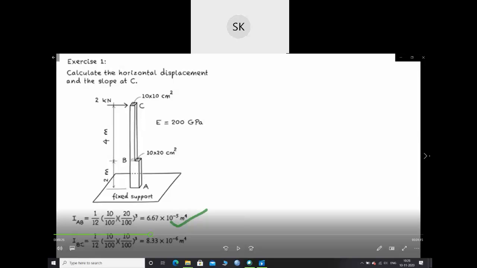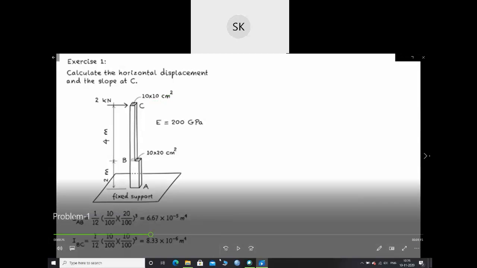And the moment of inertia for BC, the length is 4 meter, but the breadth and thickness are 10. This is the dimension 10 by 10. So BD cube by 12. So they have found out the value of I as 8.33 into 10 to the power minus 6 m^4.